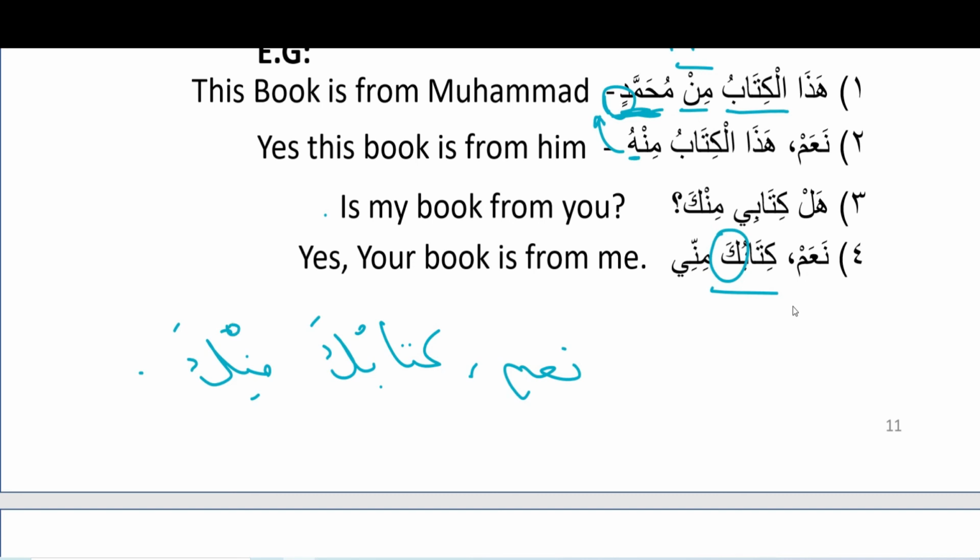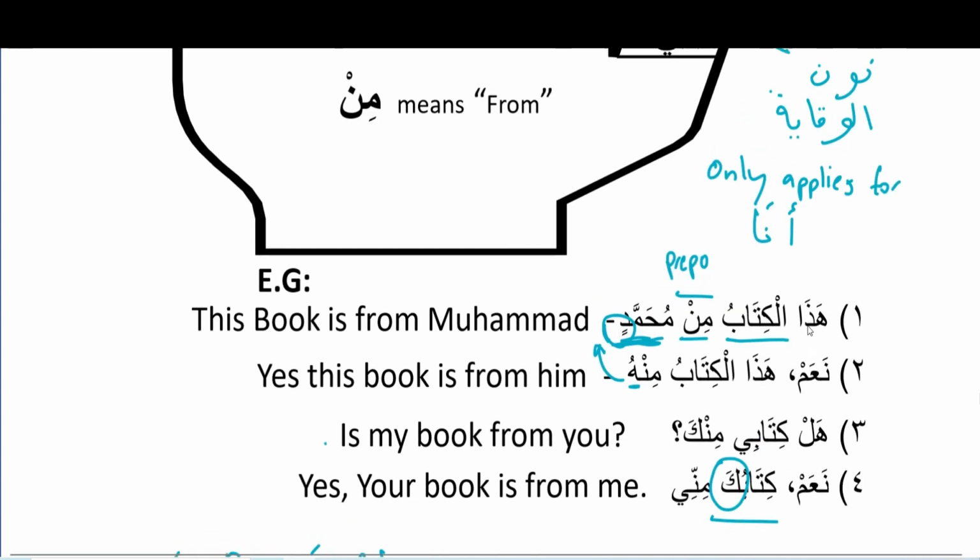You are speaking, you are channeling your conversation to one person. So you are not contradicting your conversation, associating that person to another person of a different gender. You get me or not? Unless you want to direct this conversation to both of them directly, then you have to use minkuma, right?